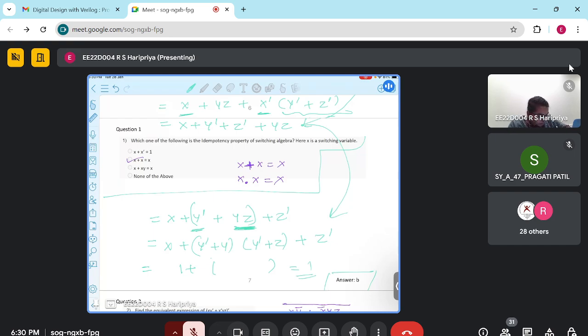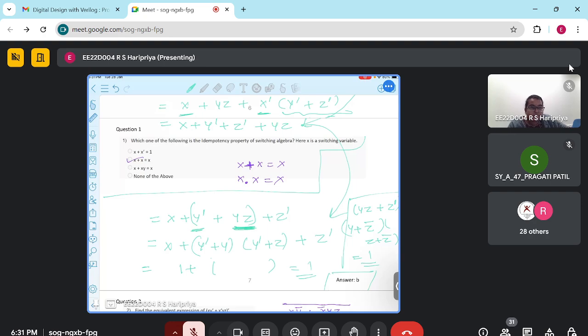Either try to absorb this y z somewhere or just distribute y complement with y z. Or another thing you can try is distribute y z plus z complement. So you will get y plus z bar, again z plus z bar. And again the answer is 1.